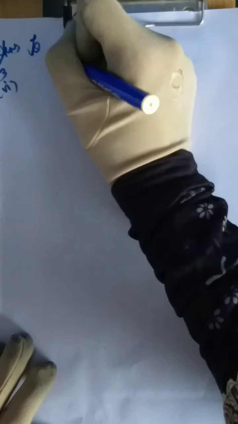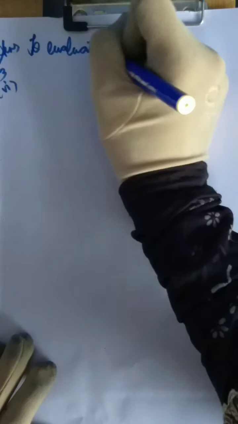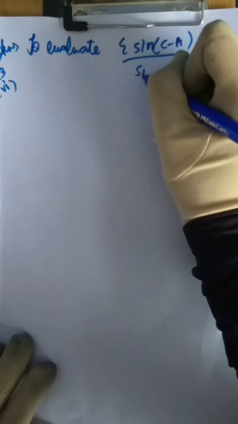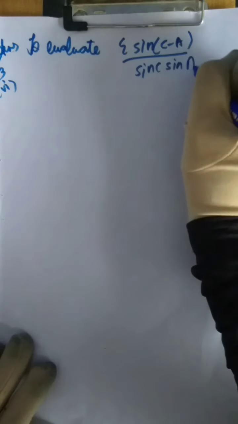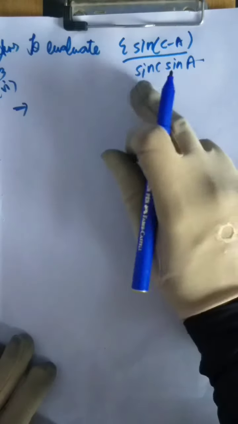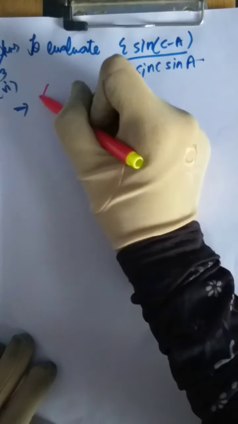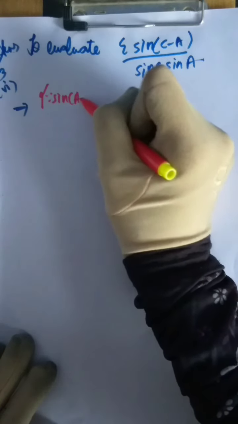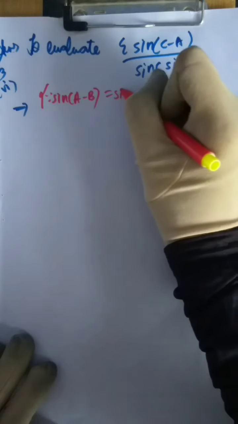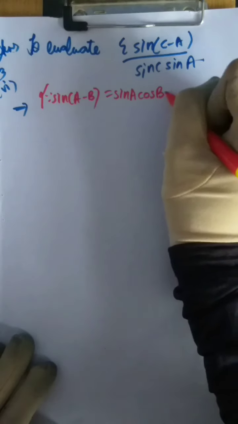So we have to evaluate. Evaluate means find out. What you have to find out here? Sigma sin(c-a) by sin c into sin a. Now this is the form of sin(a-b). A is c here and b is a here. What is the sin(a-b) formula? Sin(a-b) is sin a cos b minus cos a sin b.